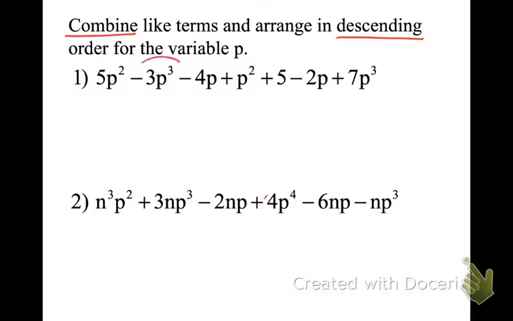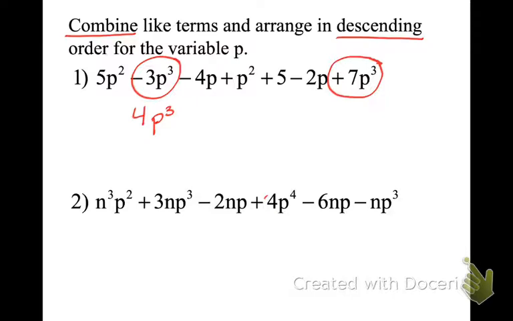Negative 3p to the third, and 7p to the third. What kind of 7? Positive. Good. And so when I put all those p to the thirds together, how many do we have if I have negative 3 and positive 7? 4p to the third. So what we're really doing is just adding and subtracting the coefficients.